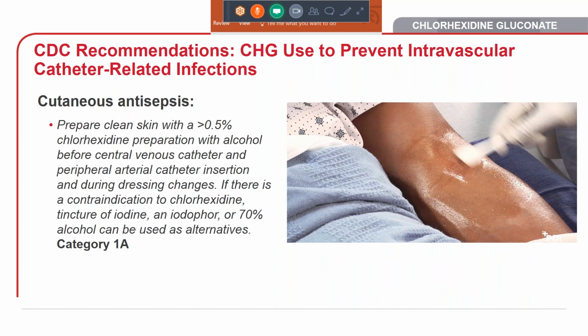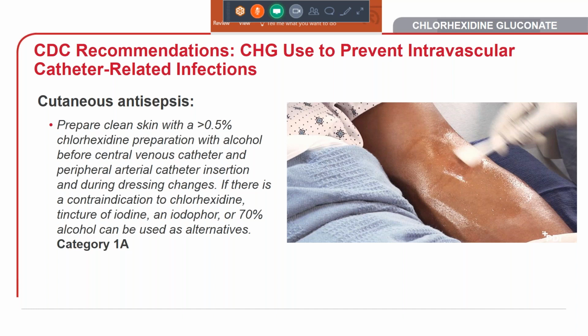And here you see that the use of chlorhexidine for cutaneous antisepsis is a Category 1A recommendation by the CDC, and they specifically state that skin should be prepared with a greater than 0.5% chlorhexidine preparation with alcohol before central venous catheter and peripheral arterial catheter insertion and during dressing changes.